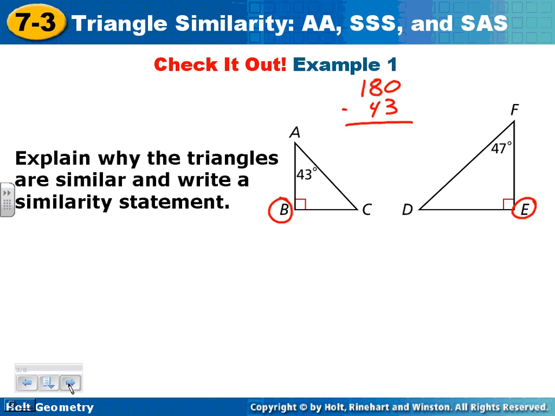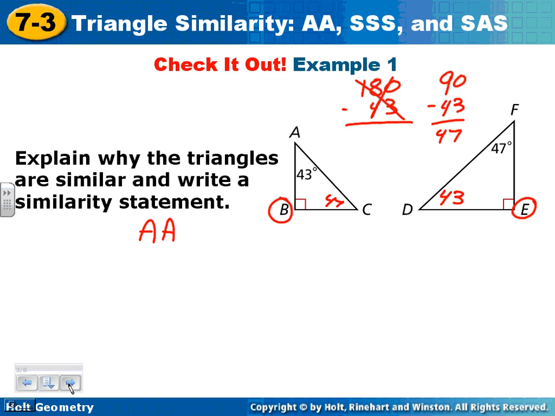These two other angles are 90, and subtract 43. That gives you 47, which means this angle C is 47, and angle D then would be 43. So we do have angle, angle. Those triangles are similar because of angle, angle.